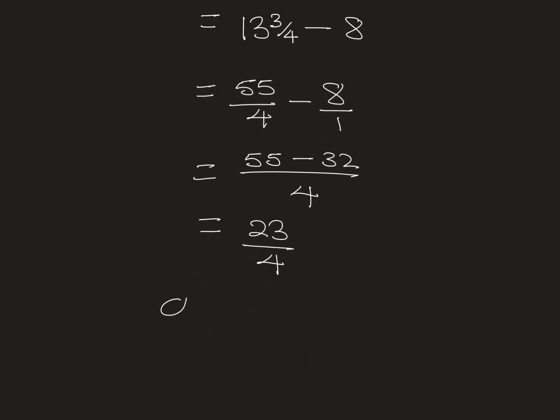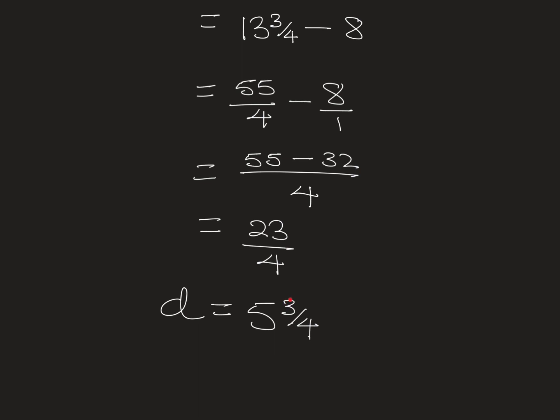Okay, so the common difference is 23 over 4, or if you want to express it another way, it will be 5 whole number 3 over 4. Because 4 into 23 is 5 times, 5 times 4 is 20, so you are left with 3.